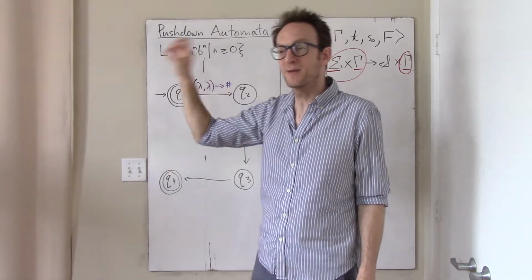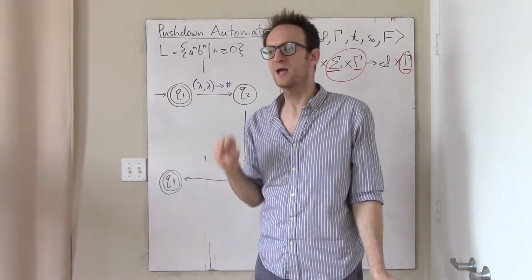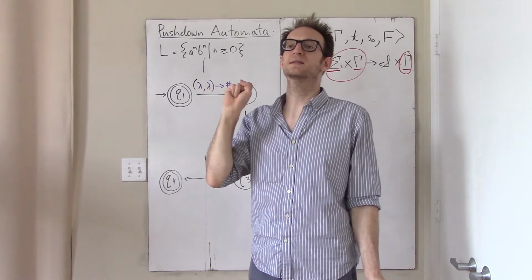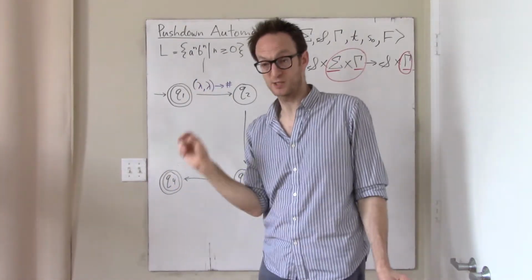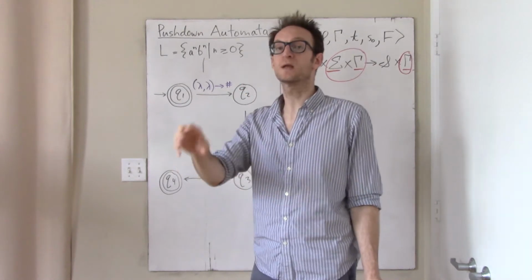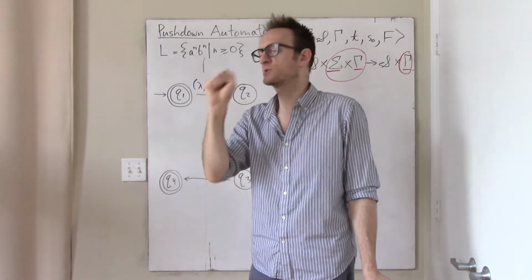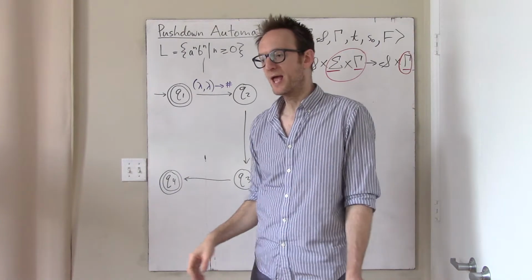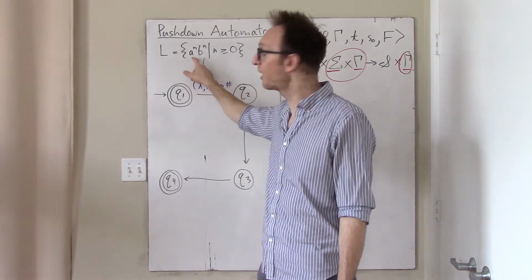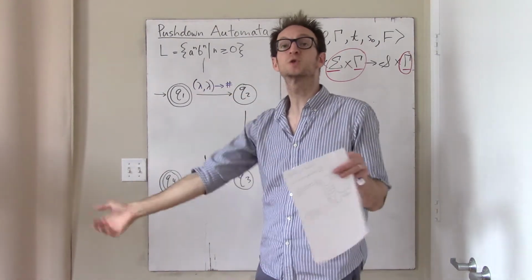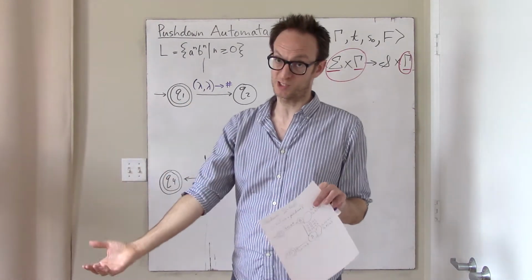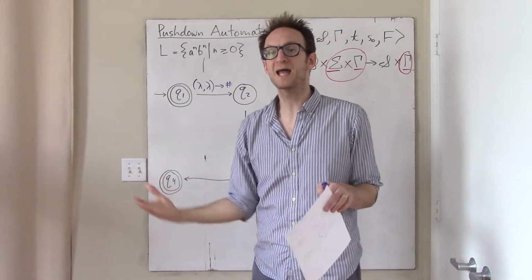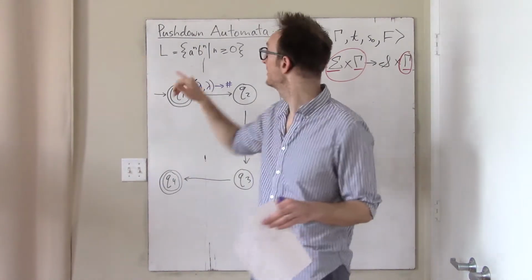Every time you read an A, you push a character onto the stack, and you just keep reading A's. Every time you read another A from the input string, you just push another character onto the stack. By the time you're all done reading all the A's, you have a huge stack full of some marker which has told you how many A's there were, and now you can start reading the B's.